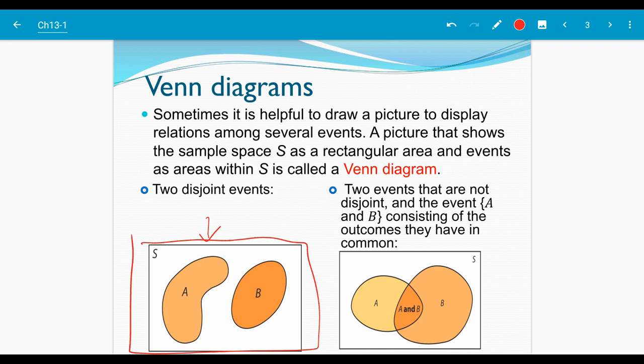So if you wanted the probability of A or B happening, you can add those two. But if they are not disjoint and there is overlap, like we have in our second case, this region here where there's overlap has been counted twice. If we add all of A together and all of B together, that overlap has been counted twice.